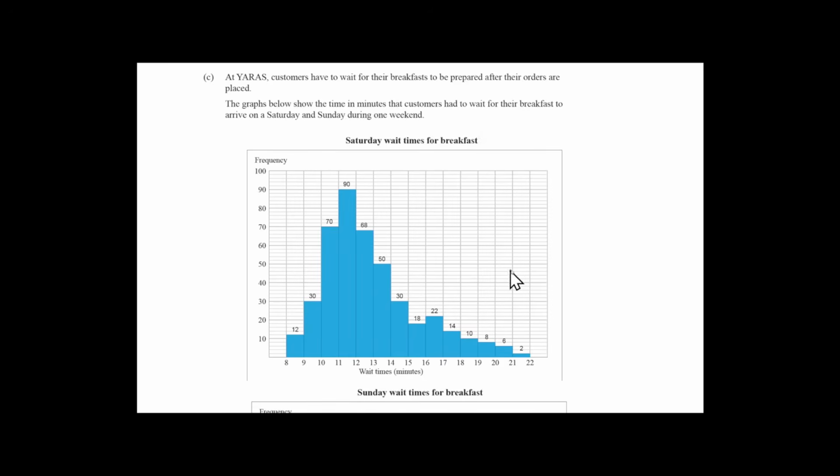So I guess we're going to have to work that out for ourselves. And it is Saturday. So the number of customers that have to wait more than 15 minutes, it's going to be that. This is 15 minutes here. So let's grab our calculator and work that out first and then work out our net.